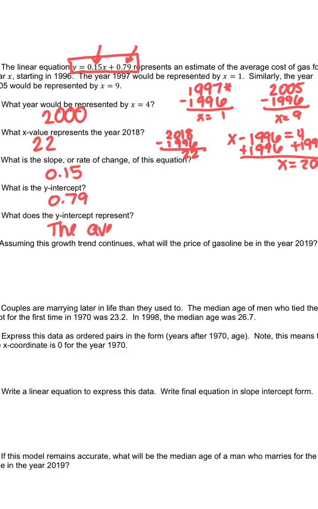So the average cost of gas in 1996. That was a long time ago. Assuming this growth trend continues, what will the price of gasoline be in the year 2019? So let's go ahead and put this equation that they gave us, y equals 0.15.